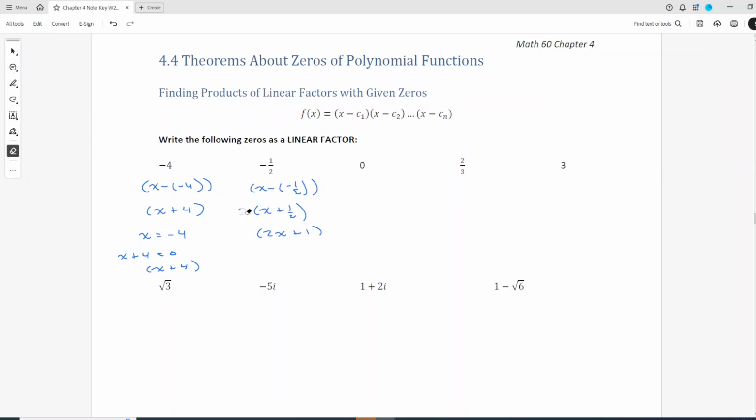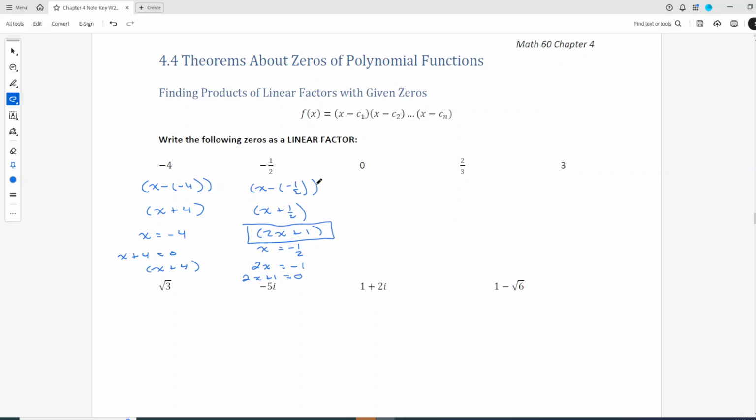For us, just know that this is what we're going to end up with, which is why I prefer the x equals -1/2 root. That's my zero, and then I multiply by 2 first, bring the plus 1, and I end up with my factor being 2x plus 1.